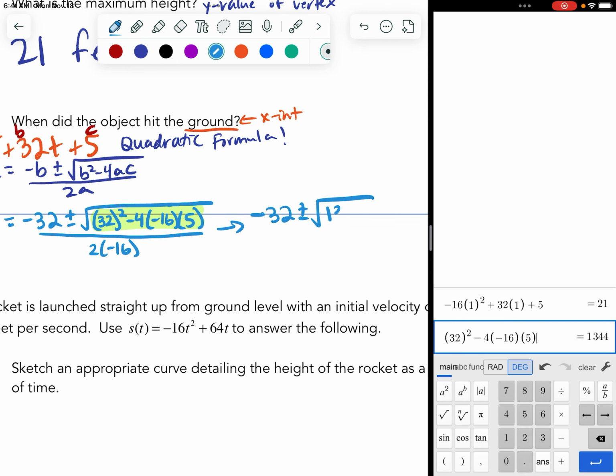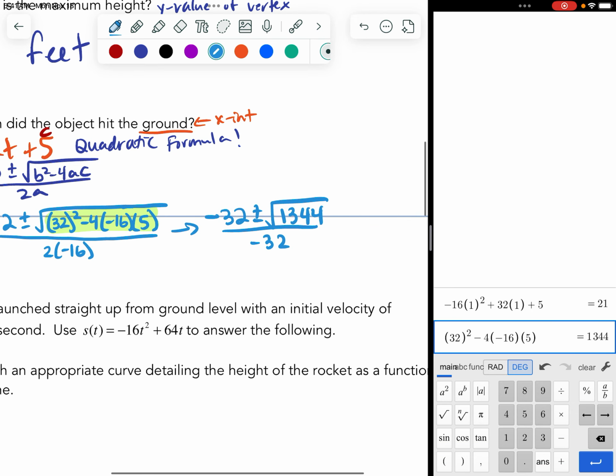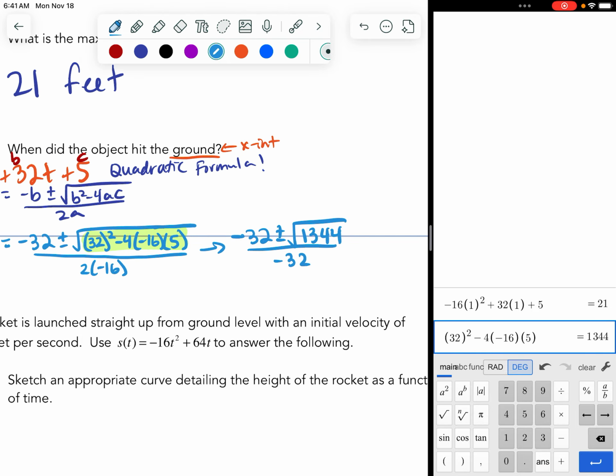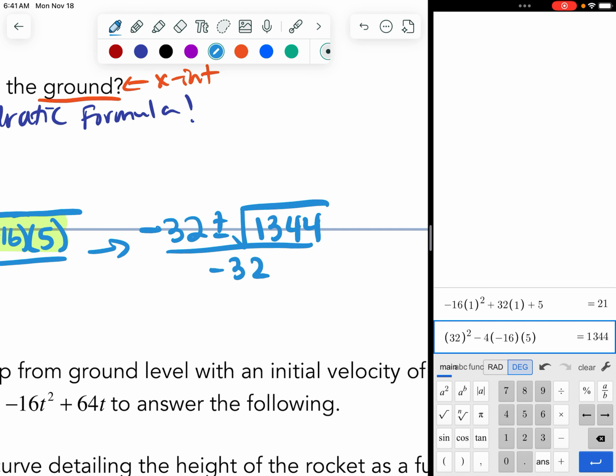And we got the square root of 1,344. And then 2 times negative 16, that's negative 32. Now before we were just leaving our answer like this. That was an exact answer. But I'm asking, when did the object hit the ground? This does not make a whole lot of sense to me. I don't know how many seconds that is.